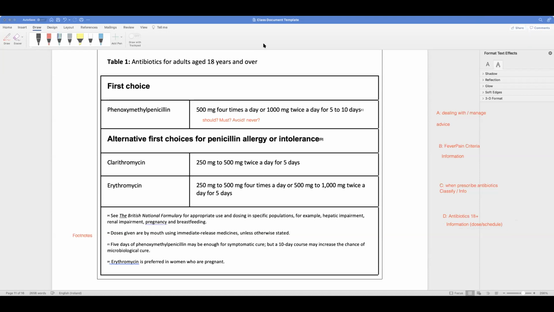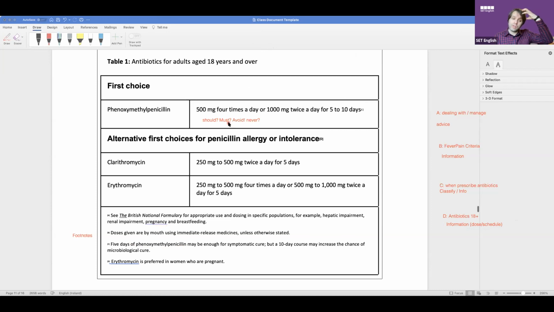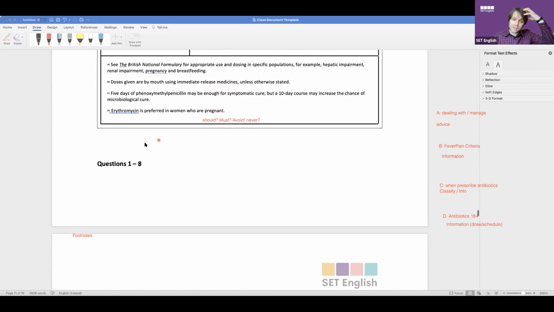Medication, erythromycin. Pregnancy. Yeah, all of these ones, right? 10-day course. Don't let OET fool you in the exam because they're going to hide their answers here very often, okay? So you underline no more than 2 or 3 usually. Don't go crazy with keywords, otherwise it's too much for you to help you differentiate the texts.